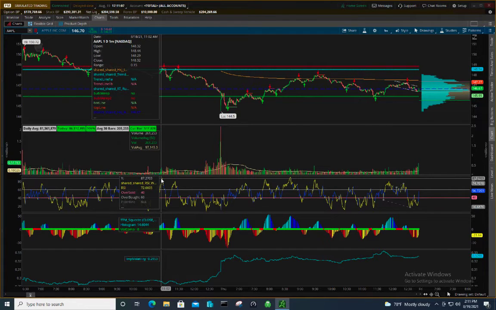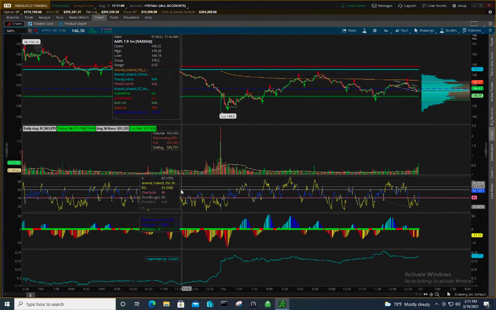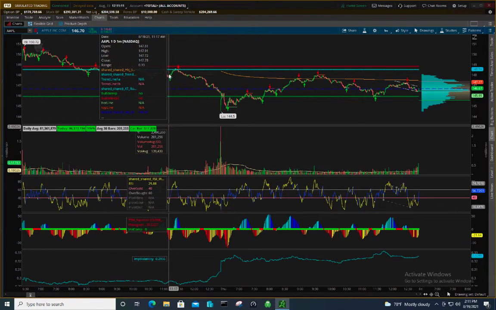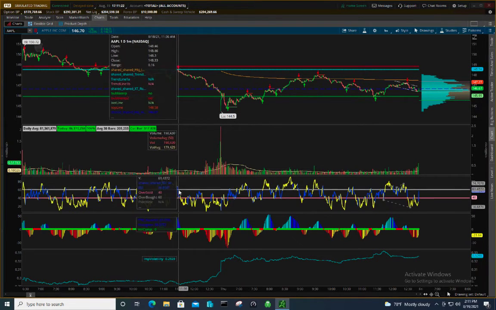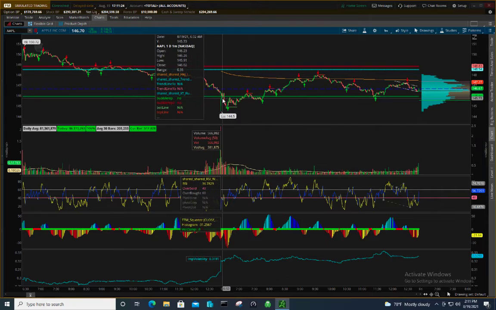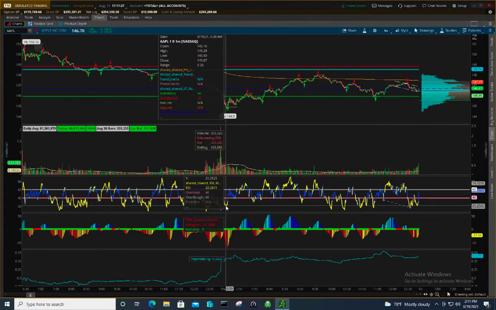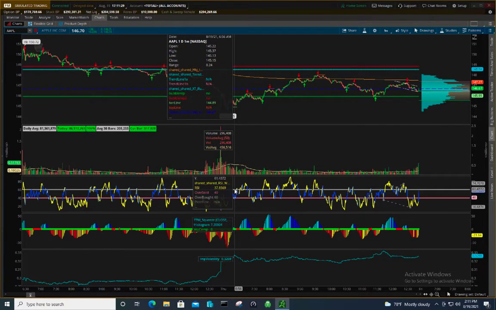Keep in mind these lines are formed after the ticker moves, they're not formed before the ticker moves. As you see in the chart above, the stock came all the way down here, and then it started going back up. So it just gives you an idea.